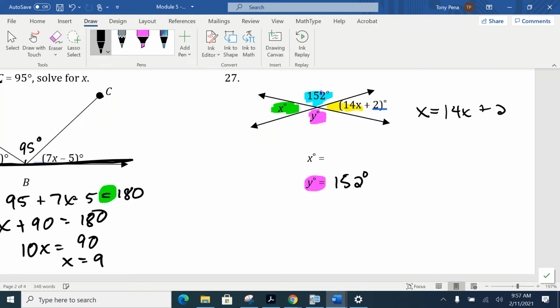What did I do here? That's definitely bad. That is not going to work. See, there's too many options here. What did I want that to be? 152, 150.